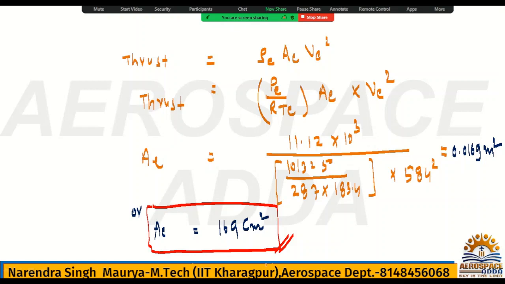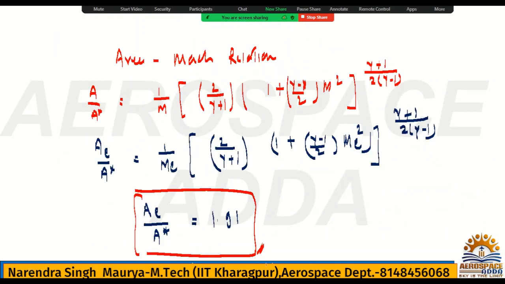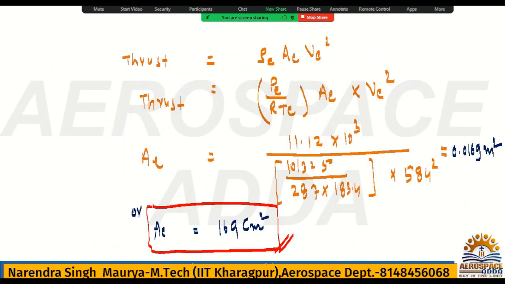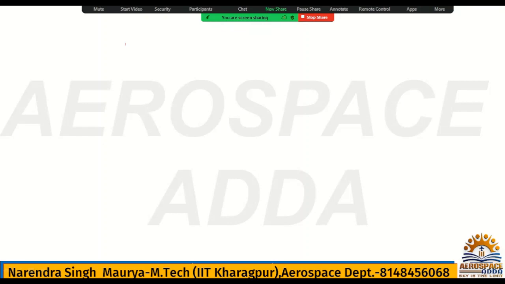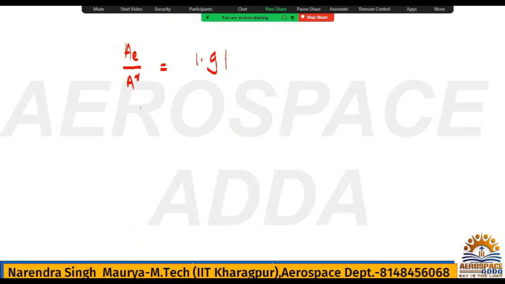Once you got exit area, then throat area you can calculate. How? They have given AE by A star 1.91. So exit area you got. What is the A star?